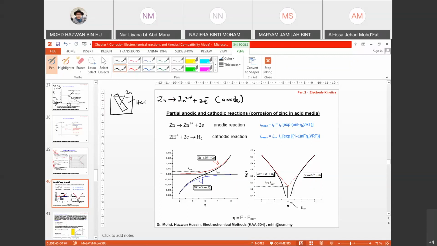And then the other will be the formation of hydrogen gas. This is the reduction process. The 2 electrons produced from the anode will be transferred to the cathode to produce hydrogen gas. The standard potential of zinc is equal to minus 0.7 volt.